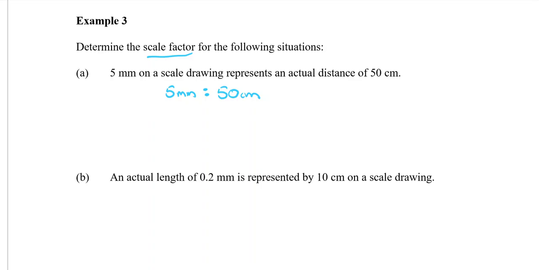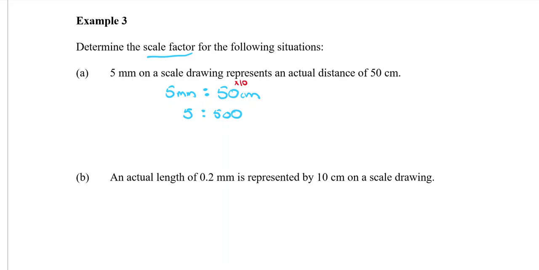But if we have different units in our ratio, we need to make them the same so that we can simplify it down. Centimeters is the bigger unit, so I'm going to turn the centimeters into millimeters by timesing by 10. That means that I have 5 millimeters to 500 millimeters, and because they're both in millimeters, I don't have to write the mm anymore because the units are the same.